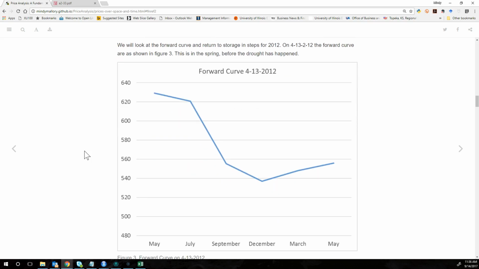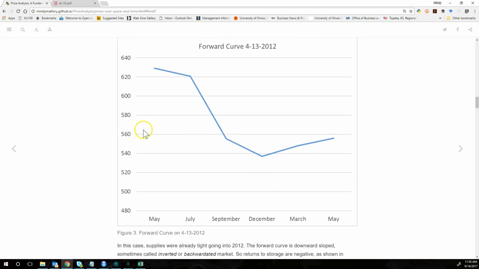Now here you see we went into the 2012 growing season in a little bit of a tight stock scenario, and you can tell that because already at the front end of this forward curve there is negative returns to store from May to July.